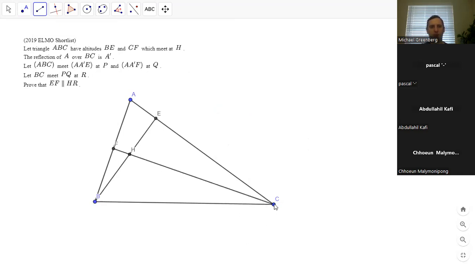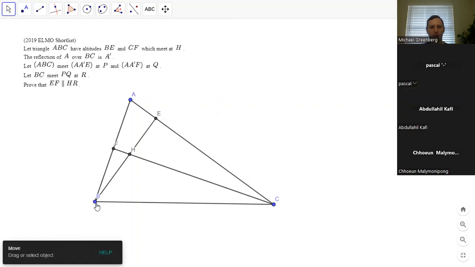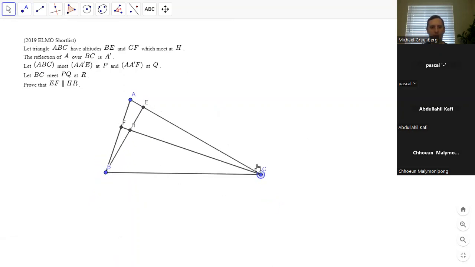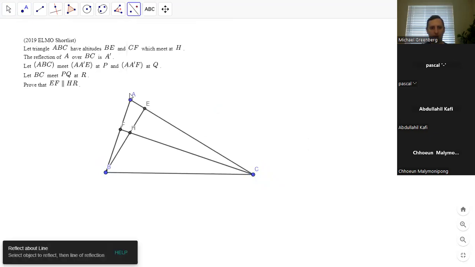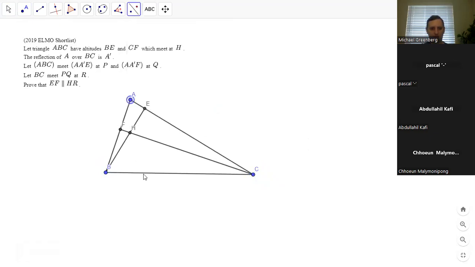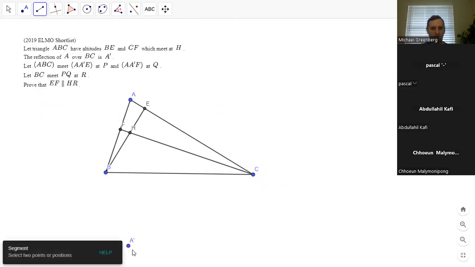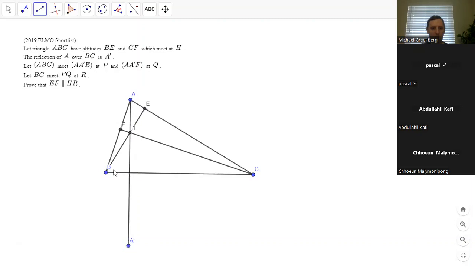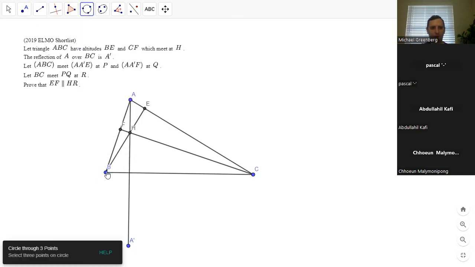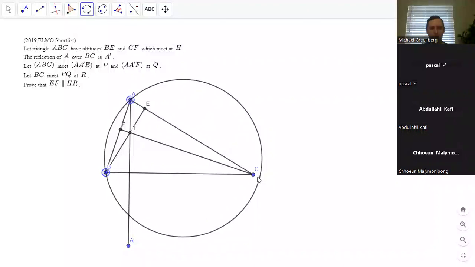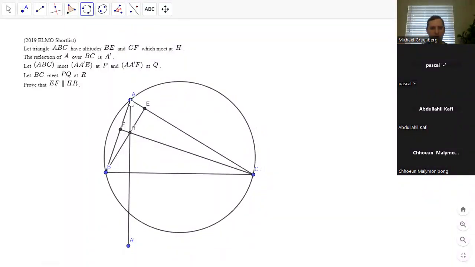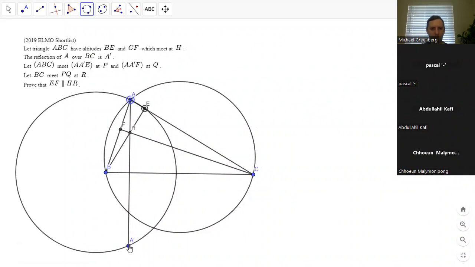So they meet at H, and then you reflect A over BC, and that's A prime. Obviously, these are collinear. Then we draw the circumcircle of ABC, and we see where it meets A prime AE and A prime AF.